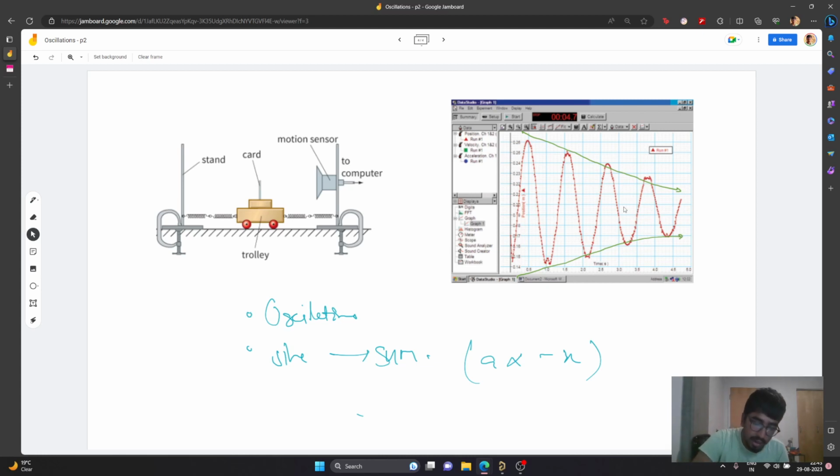It started from a higher amplitude, then it comes to a lower one, lower one. You might have noticed this in real life also, that when you put a child on a swing, then it stops moving after some time. Of course you can imagine that that is because of friction. So this phenomenon is called damping.